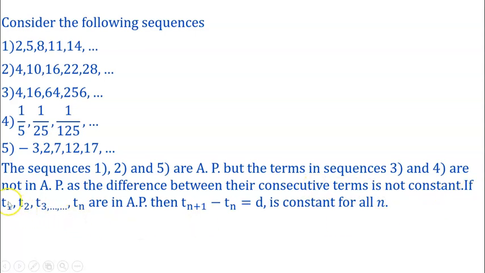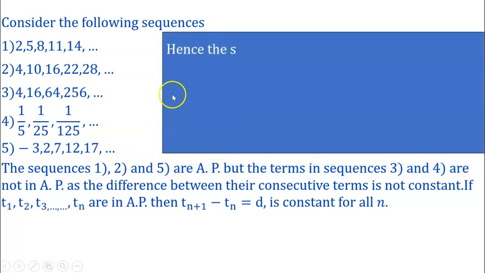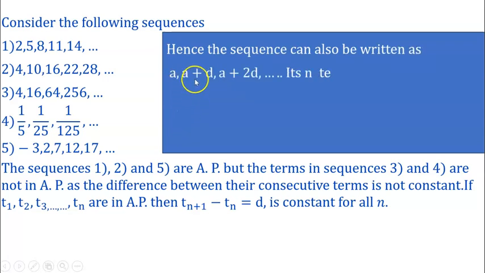If T1, T2, T3 up to Tn are in AP, then the difference, that is Tn plus 1 minus Tn, is equal to D for all n. See this here. Hence, this sequence can also be written as A, A plus D, A plus 2D.